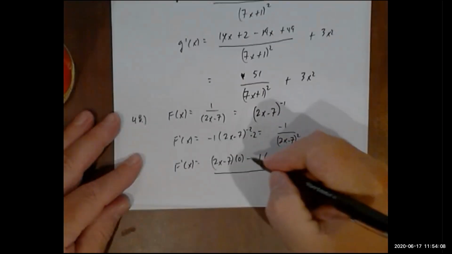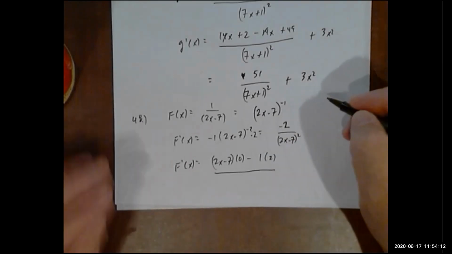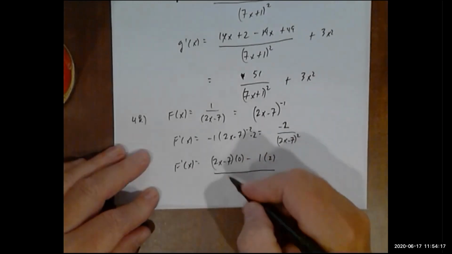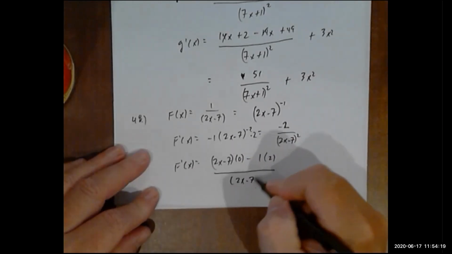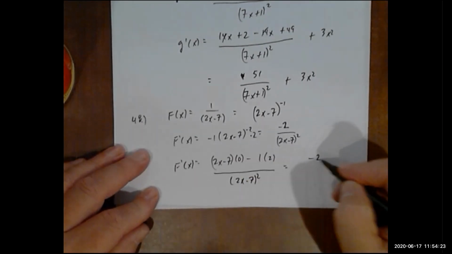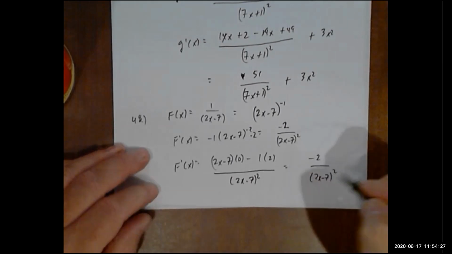Because as I'm doing this, I'm saying these aren't going to be the same. I forgot to complete my chain rule. So finish out the quotient rule. This whole thing is 0. So minus 2 over 2x minus 7 squared.